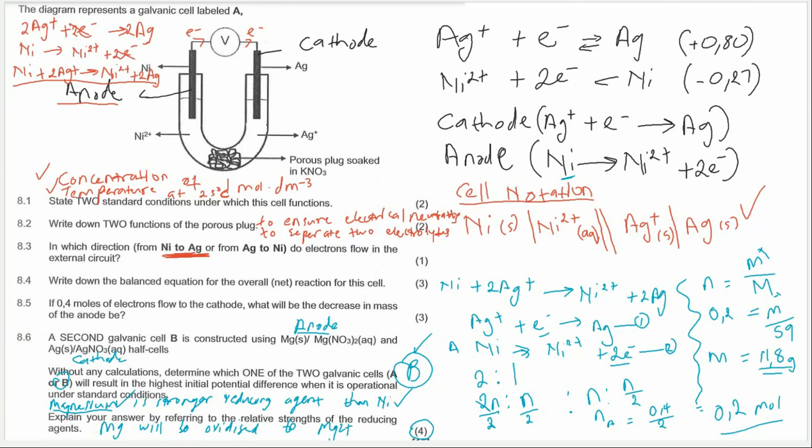Don't think too much about how the initial potential is going to be higher. Just focus on the relationship between those two metals in terms of reducing ability or oxidation ability. Look at your potential table, and you'll get used to answering this question in this way, and you'll see it's not that bad.